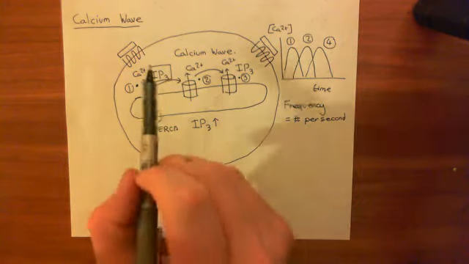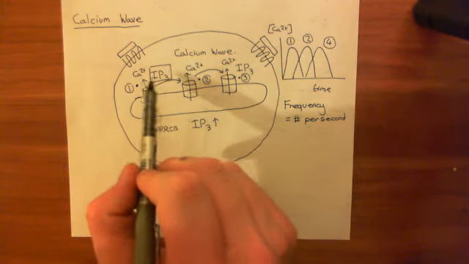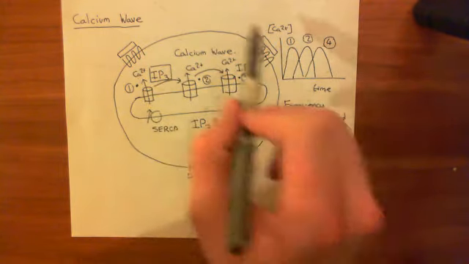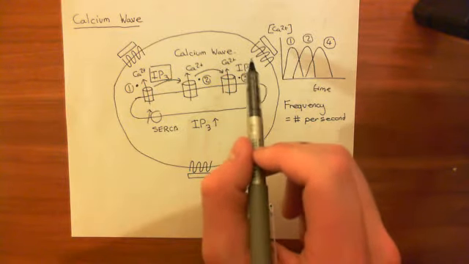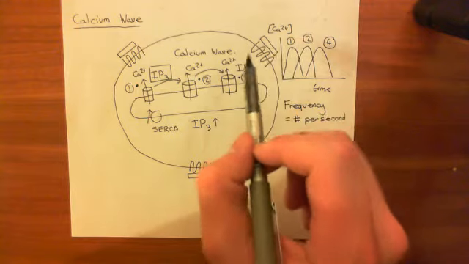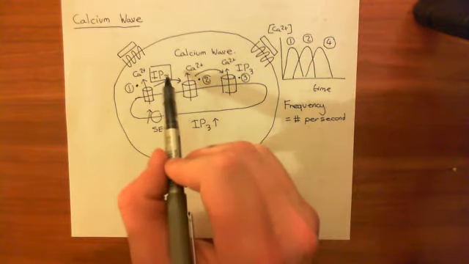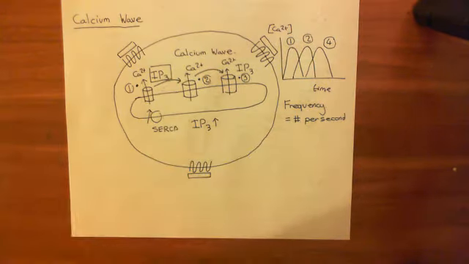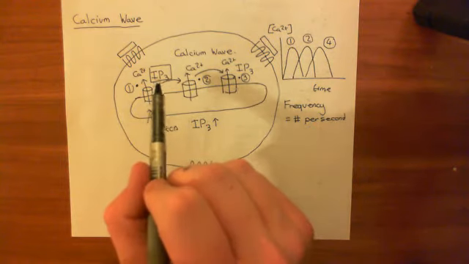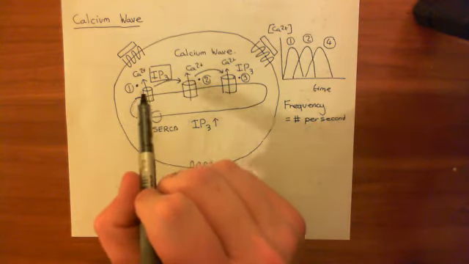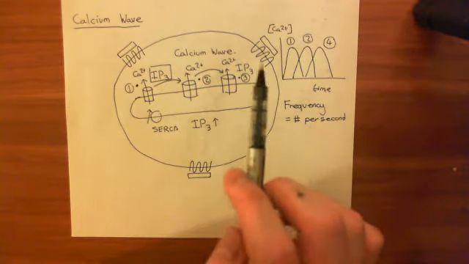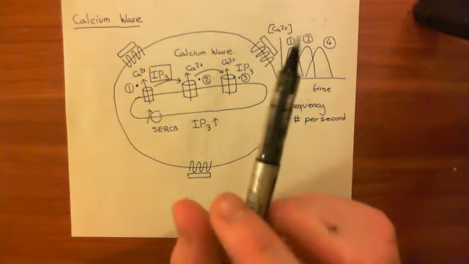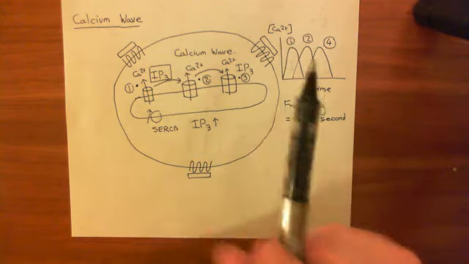So the higher your IP3 concentration, which is obviously indicative of how much stimulation you're getting from the ligand, i.e. how much stimulation of the GQ pathway you're getting. So the more ligand, the more activation of the GQ pathway, the higher your IP3 concentration. Anyway, the higher the IP3 concentration, the faster the waves follow each other, basically. The smaller is the time between consecutive waves.